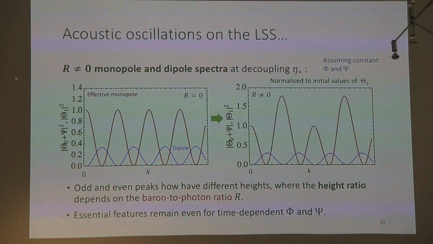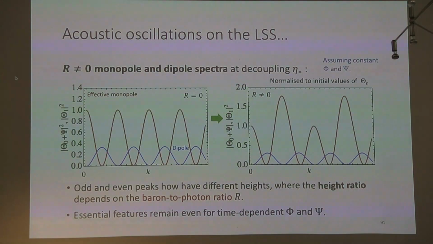Okay, so I have now uneven heights for the odd and the even peaks. Okay, and the height ratio between the odd and even peaks depends on exactly how much baryons you load the photon fluid with. Depends on R.